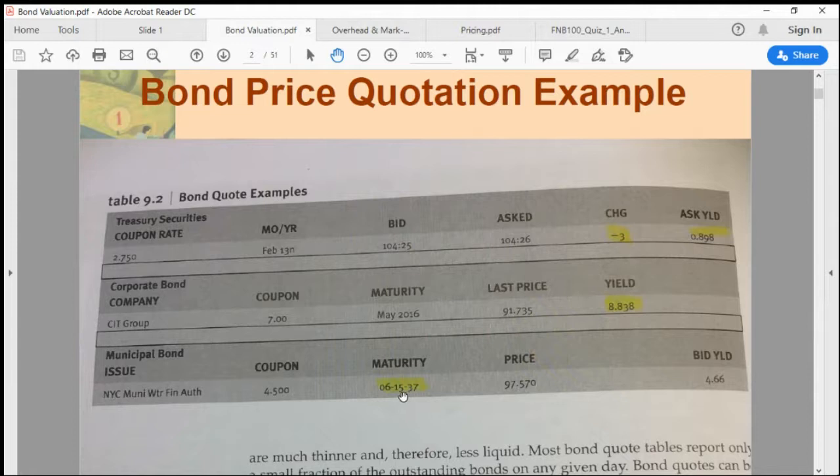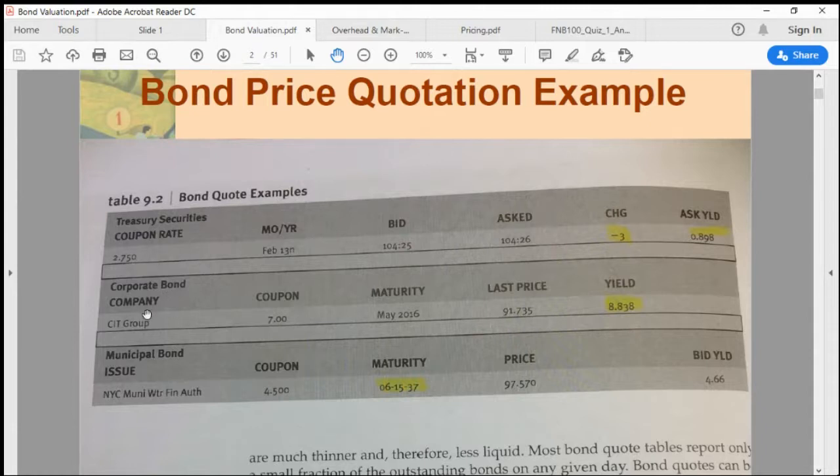So I would say this could have been a 30-year bond, meaning it was initially issued in 2007, and at the time this example was taken, around June of 2010, they still had roughly 27 years left.